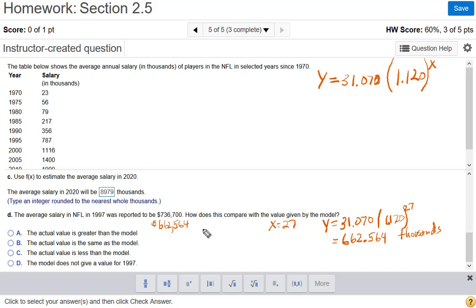So the model gives 662,564, but the actual number was 736,700. So was the actual number greater than the model on the A choice? Yes, it was. And again, you can compare the other ones.